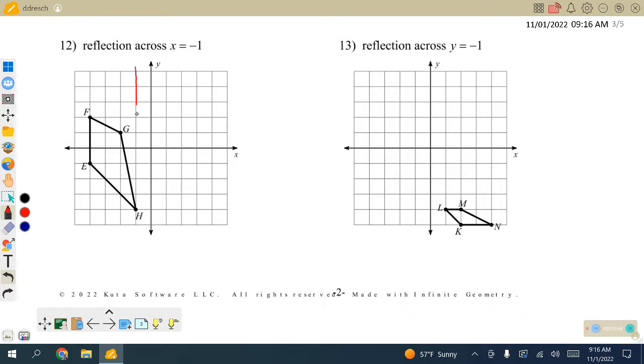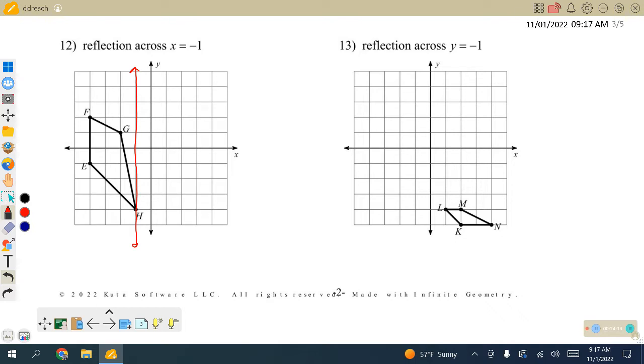It goes through the x-axis right here at -1. So that is your line of reflection. You want every point that has an x-coordinate of -1. And when you start listing those off, (-1, 5), (-1, 10), (-1, 0), (-1, -2), it creates that vertical line.